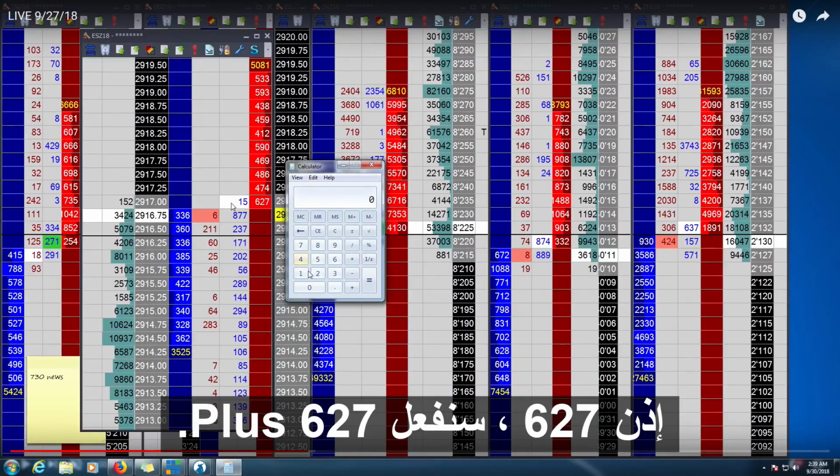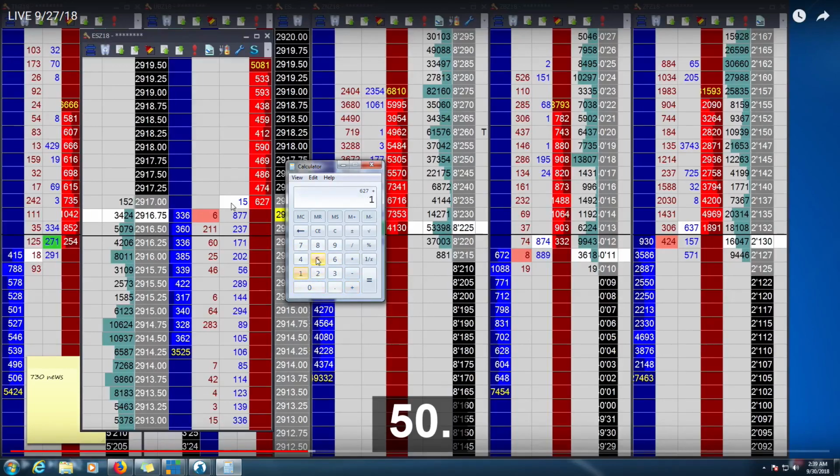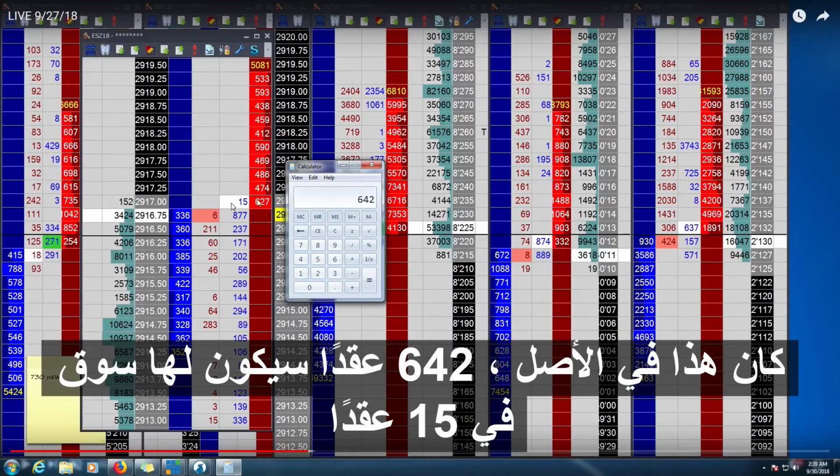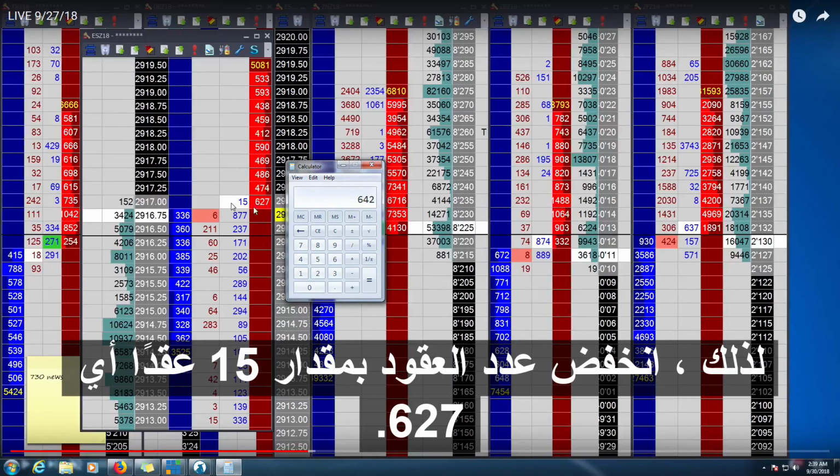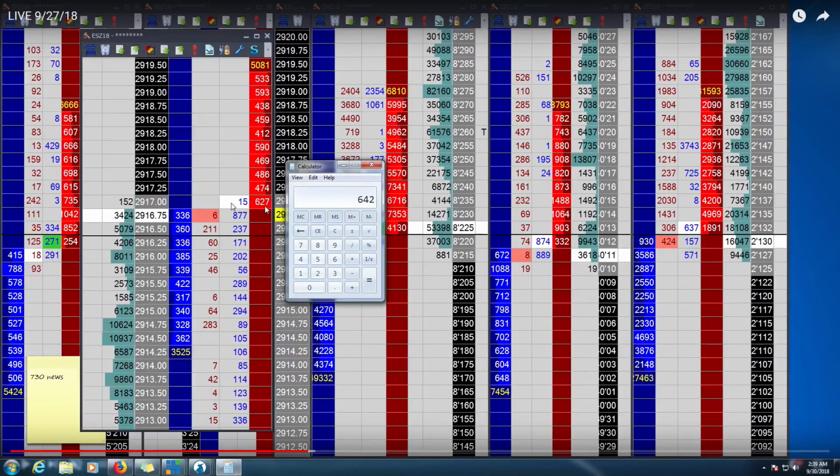So we'll do 627 plus 15. Okay, so this was originally 642 contracts. Well, 15 contracts have market ordered in at this price, so it dropped down 15 contracts to 627.